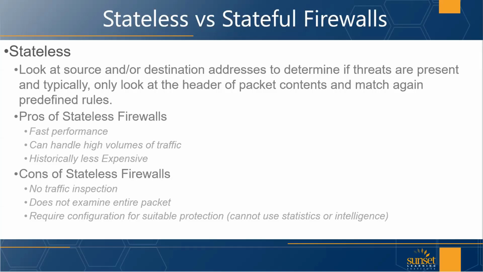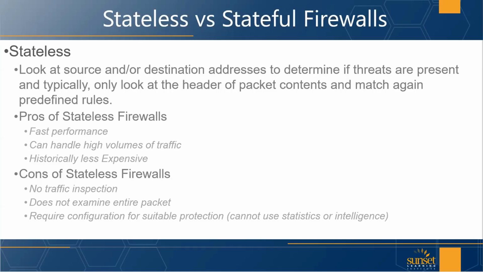Now, the very things that make it fast are some of the cons. We don't have traffic inspection. We don't look inside the packet to see if there are issues. Again, we don't examine the entire packet, so we can't see if there are checksum differences on a packet or SHA-256 hashes. We don't look at any of that. And it will require configuration for suitable protection.